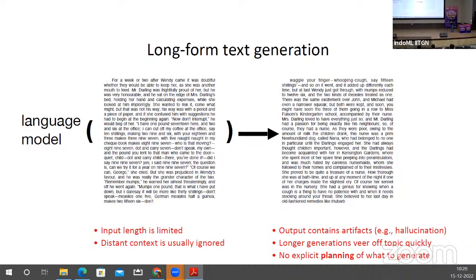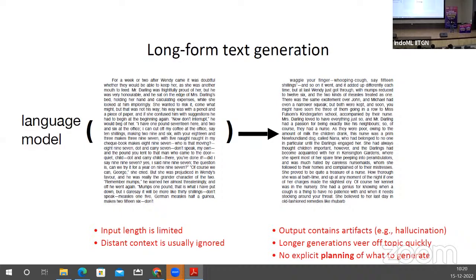And broadly, there's no explicit planning component of what the language model is going to write. The language model is just going step by step. Any planning that it's doing is implicit within the model's parameters. And it's clear that with things like ChatGPT, there is some sort of long-term planning happening, but we have no insight into what that is. And oftentimes it's very clear, especially as you generate more and more words, that this planning component is quite limited.